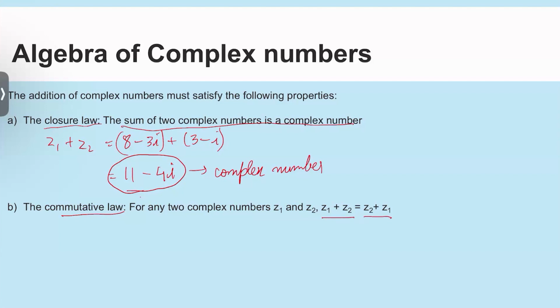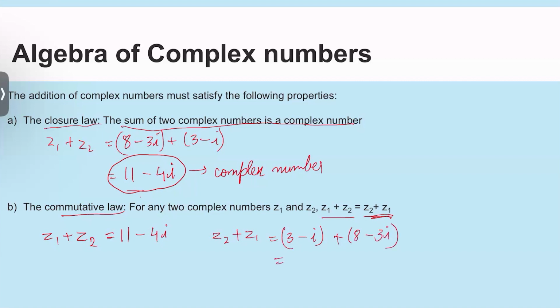If we want to see if this actually holds true, we take Z1 plus Z2. We have already got the answer for that. Now, if we reverse the order, as on the RHS, you have Z2 plus Z1. So your Z2 is 3 minus i, and then you add 8 minus 3i.